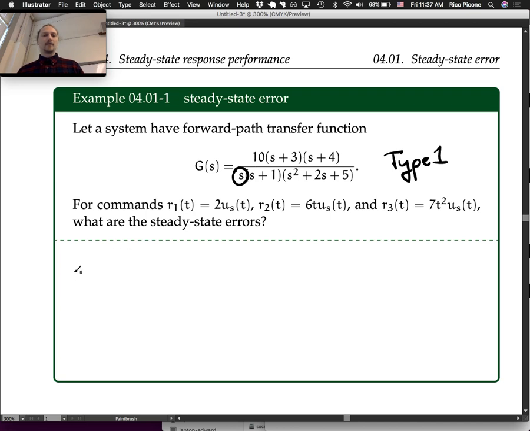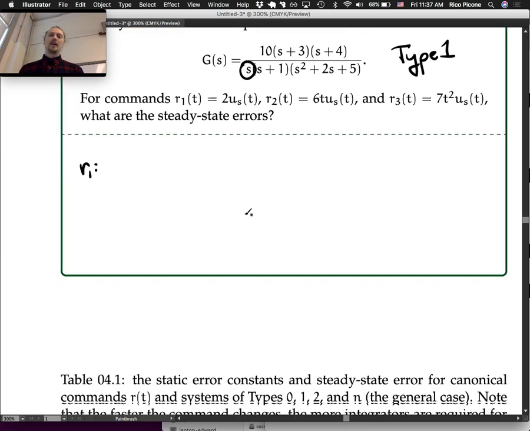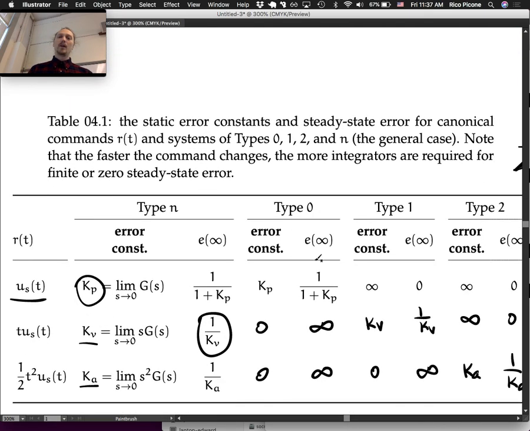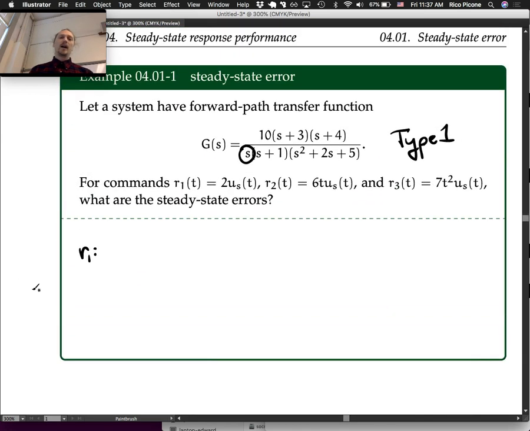So R1 gives us, if we look up in the table, we're working with a type 1 system, so we're working in this pair of columns here, right? The first input is unit step, but it's multiplied by 2. That's something we haven't seen before. We've got to figure out how to handle that factor of 2. Essentially, the factor of 2 just multiplies through to the error. That's how you handle the factor of 2.